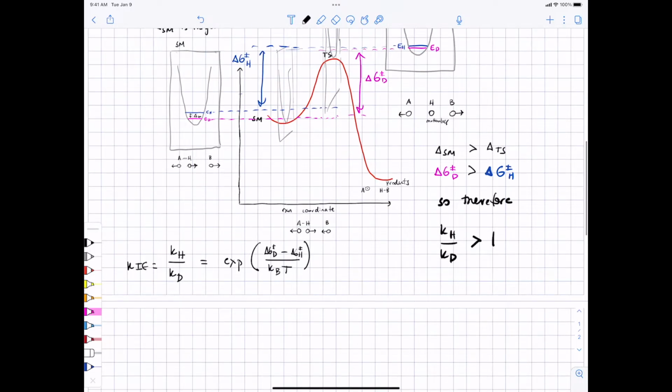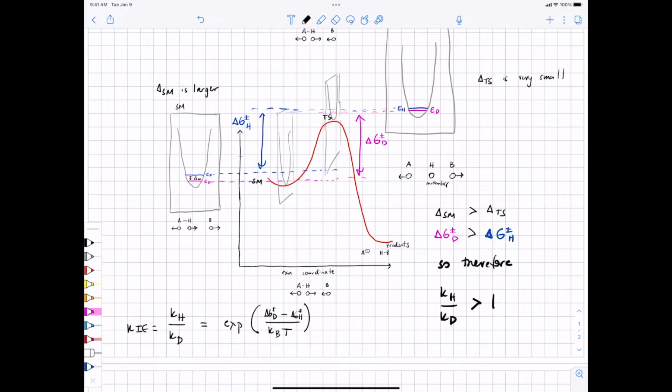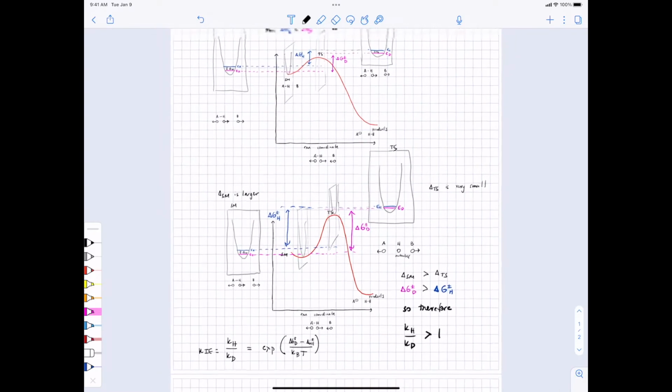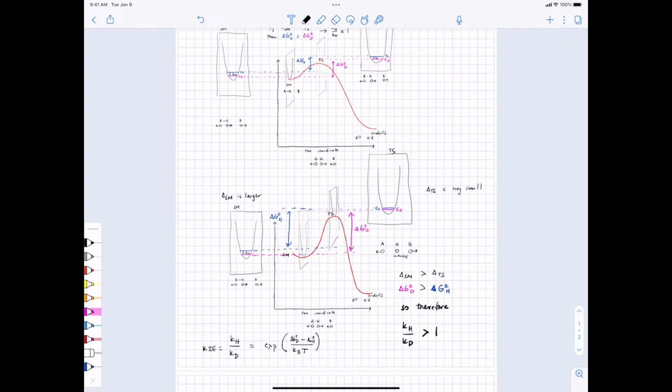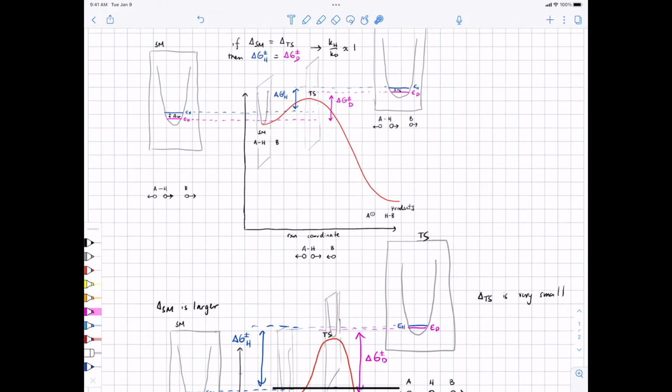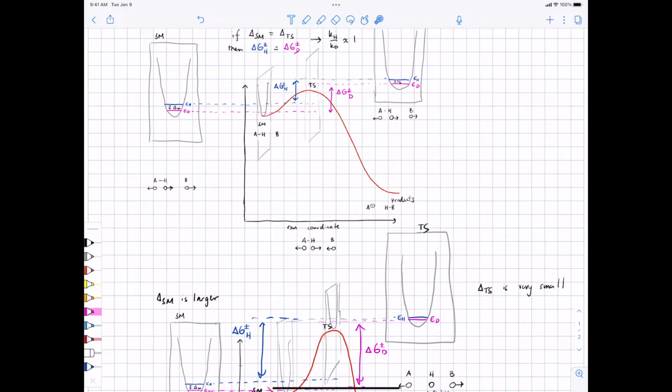Okay, so again, you're seeing that the kinetic isotope effect will tell you something about how much the hydrogen bond in the starting material has changed in the transition state. If it hasn't changed a lot, you see no kinetic isotope effect because the vibrations are similar in the transition state.